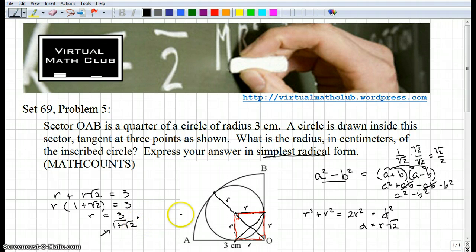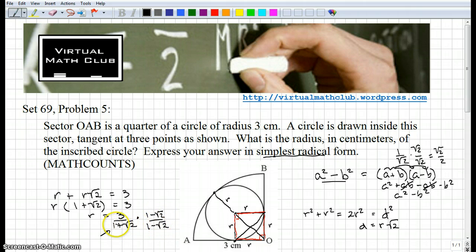So the conjugate of 1 plus the square root of 2 is 1 minus the square root of 2. And if we take 1 minus the square root of 2 over 1 minus the square root of 2, that's just 1, and multiplying by 1 doesn't change the answer. It just changes the form of the answer.